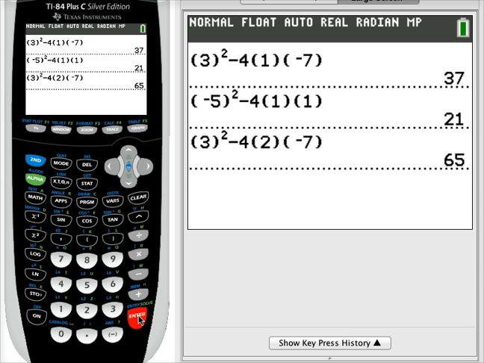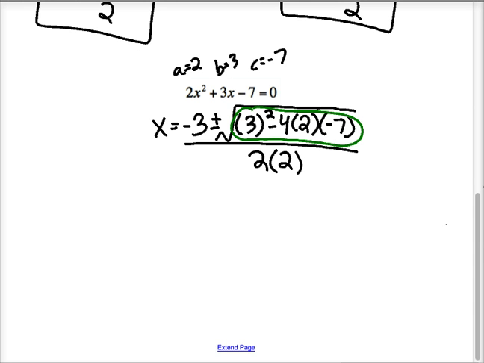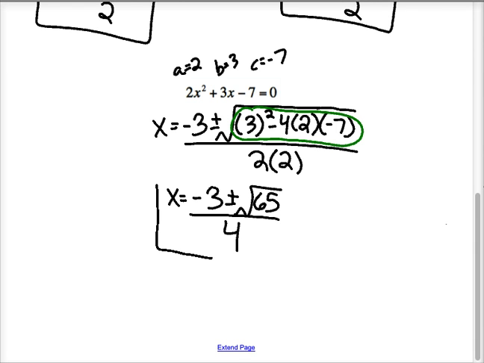So in this case, 65 is that magic number that's going to go inside my radical. And then on the bottom, 2 times 2 gives me 4. And that is going to be the end of our process.